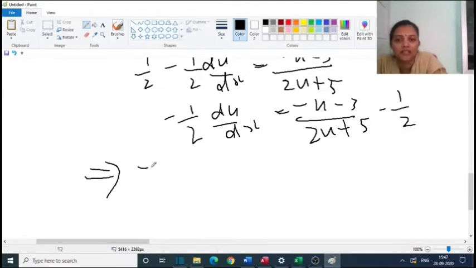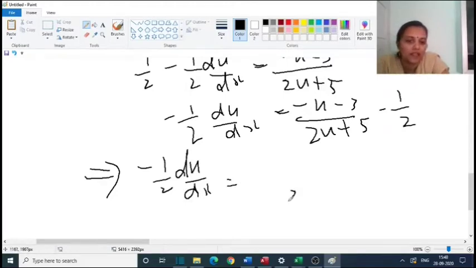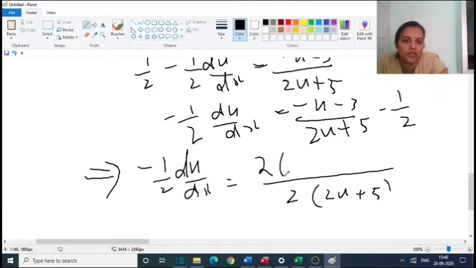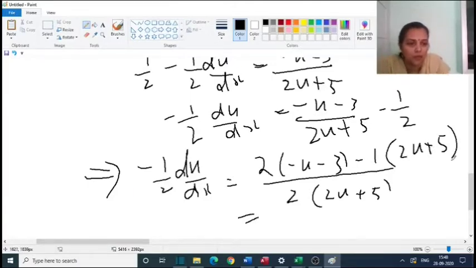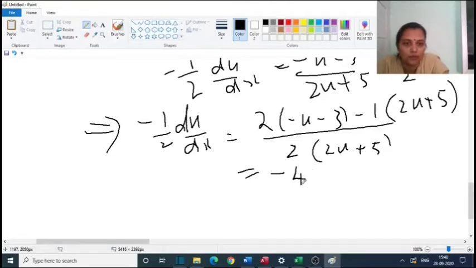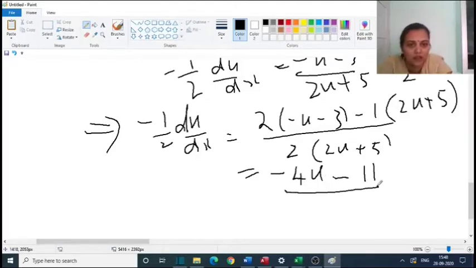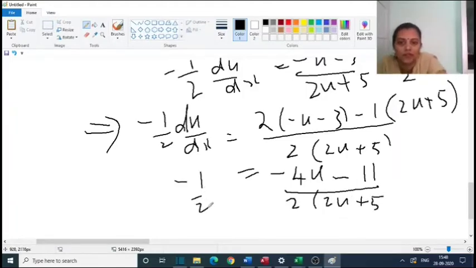Taking the LCM on the right hand side, 2 into (2u plus 5), we get 2 into (minus u minus 3) minus 1 into (2u plus 5), which is minus 2u minus 6 minus 2u minus 5, that is minus 4u minus 11, over 2 into (2u plus 5), equal to minus 1 by 2 du by dx.